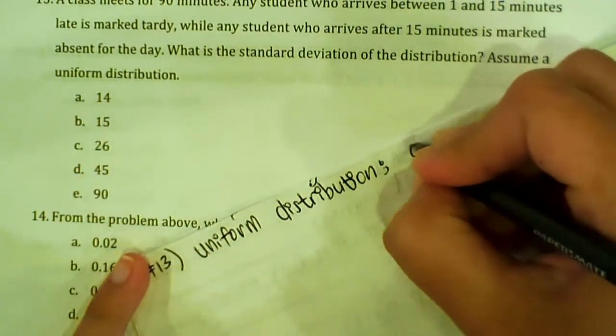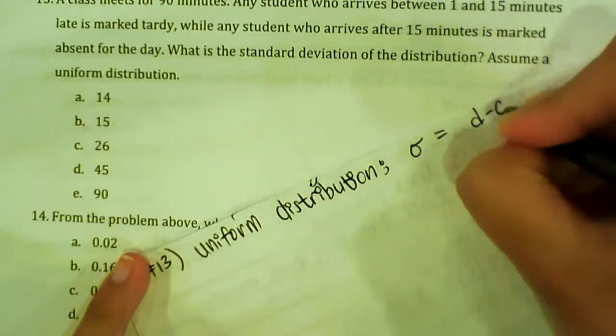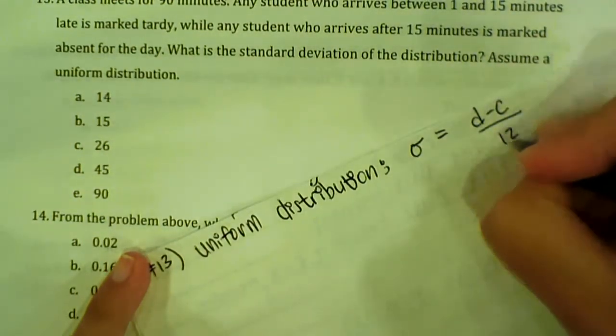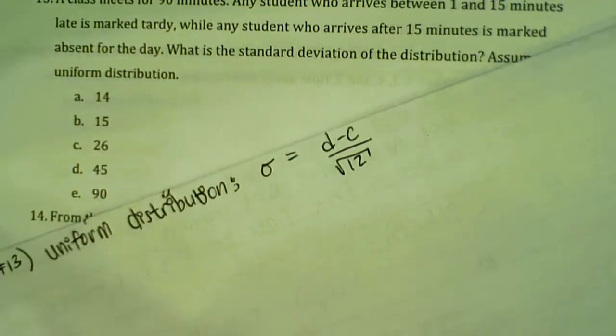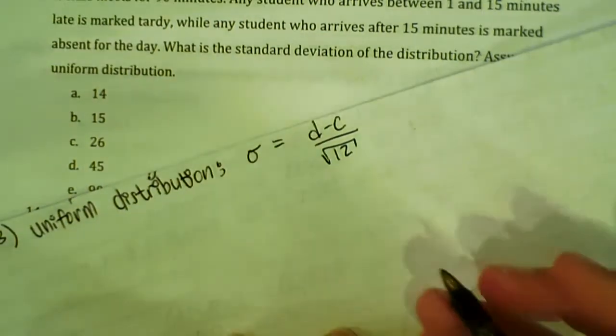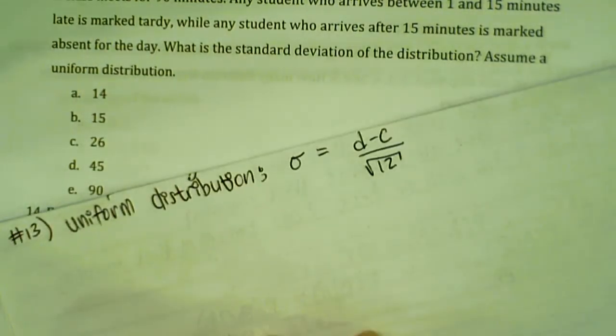So we have that sigma is D minus C over the square root of 12. It's a very odd formula, but that is what it was. So here, does anyone know what D and C would be?